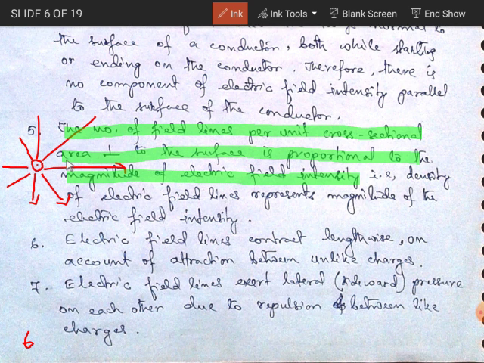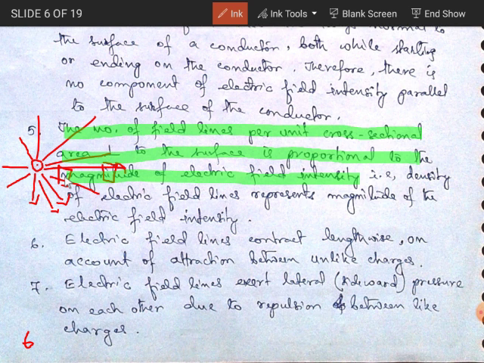Suppose there will be many field lines. When you carefully observe them, somewhere near the charge, the number of field lines passing through a given area, and somewhere farther with the same area, the number of field lines passing through this area is more here than here, right?